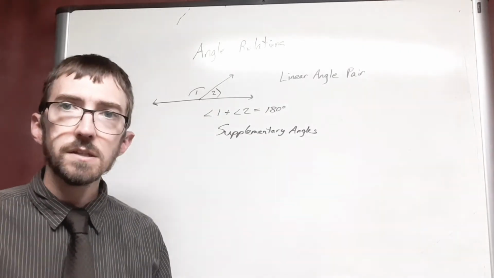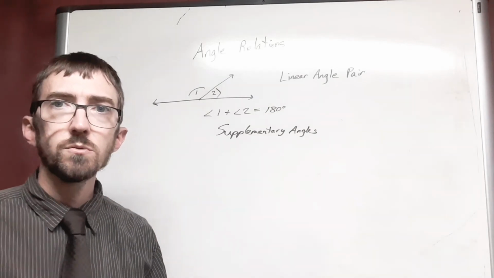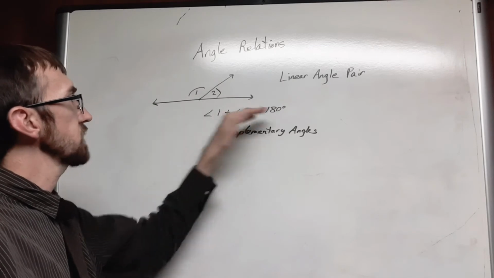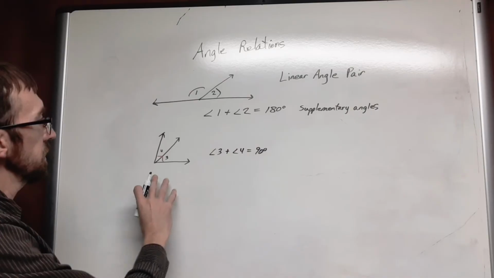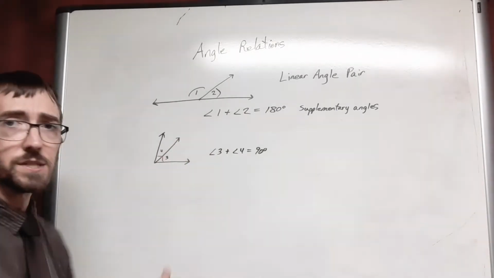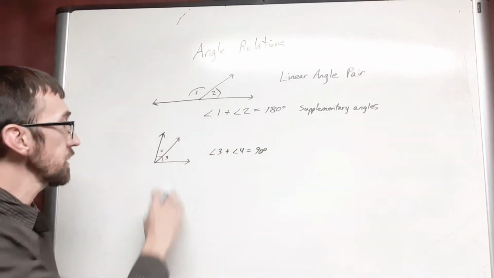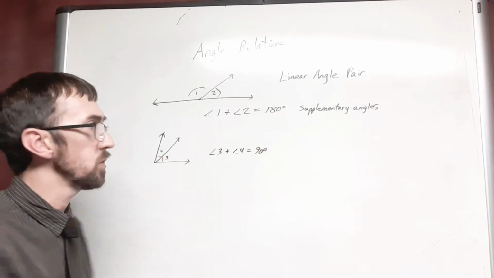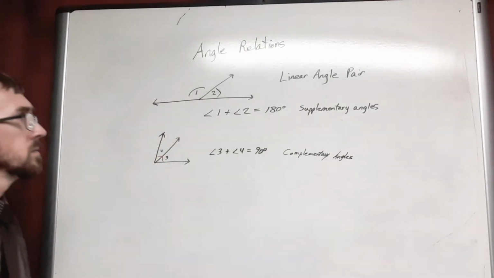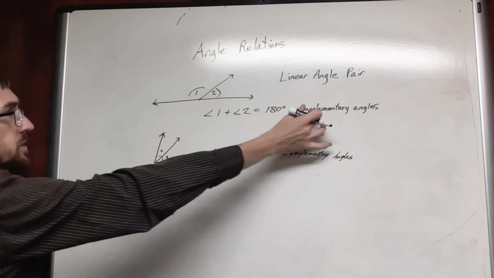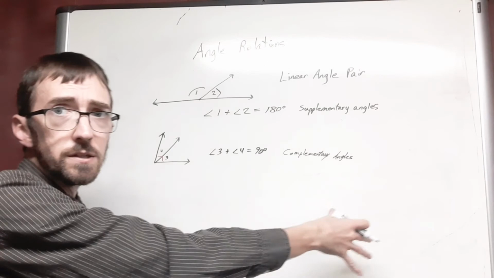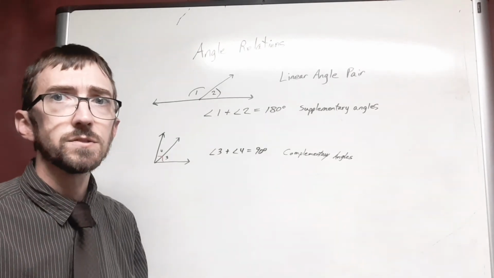So we have a definition and a theorem that surround this idea that this linear angle pair will sum to 180 degrees. An interesting similar condition, when we have two angles that are adjacent angles and the sum of those angles create a 90-degree angle, we call these complementary angles. So we have 180 degrees are supplementary angles, adjacent angles that sum to 90 degrees are going to be complementary angles.